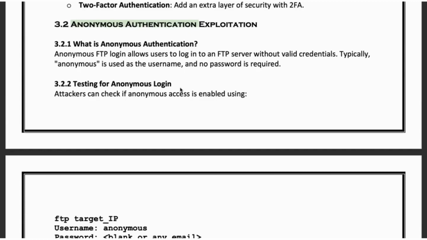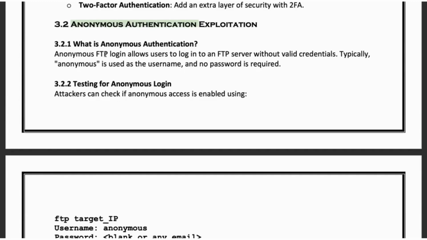So you can try out this activity as well, right? So what is anonymous authentication? Anonymous FTP login allows users to log in to an FTP server without any valid credentials. So we use anonymous as a username and no password is required.